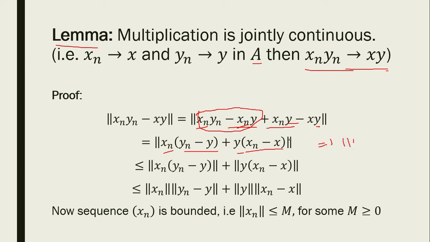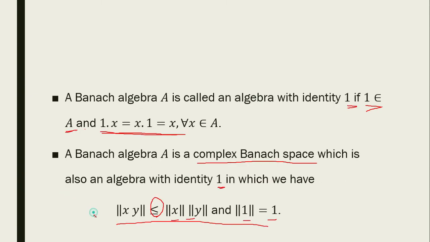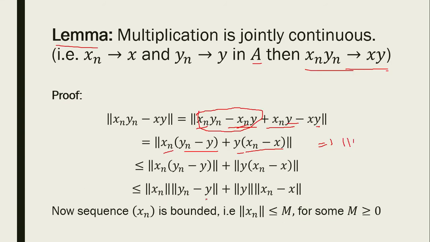Using this norm xy is less than or equal to norm x into norm y, so this is less than or equal to norm xn into norm yn minus y plus norm y into norm xn minus x.